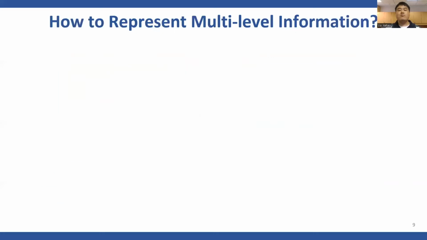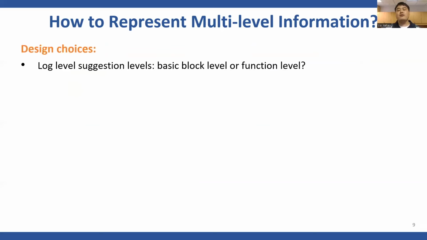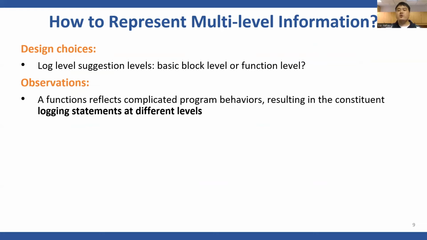The first problem we need to solve for TEL is how can we represent multi-level block information. Generally, we have two design choices for code block size, fine-grained basic block level or coarse-grained function level. And we have some observations about logging statements. First, we find functions reflect complicated program behaviors, and they may contain various logging statements at different levels.